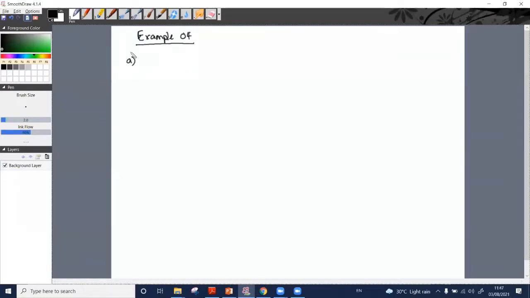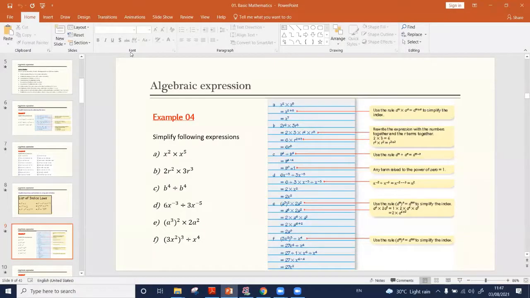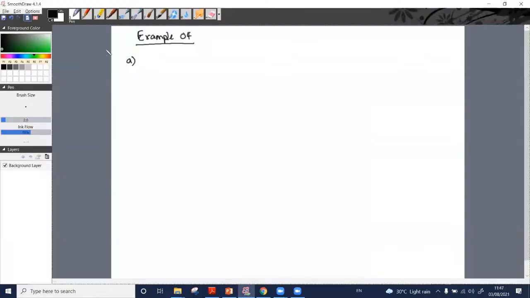What is the first one? x to the power 2 into x to the power 5. What should be the answer? Straightforward. The base is the same. They gave a base x, and there is this multiplication.